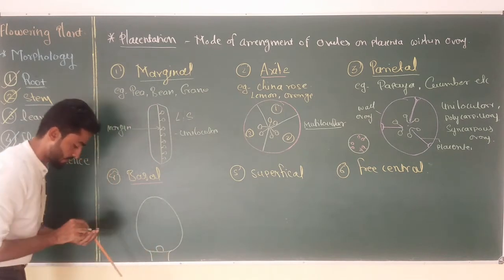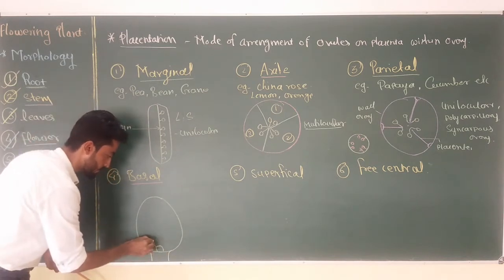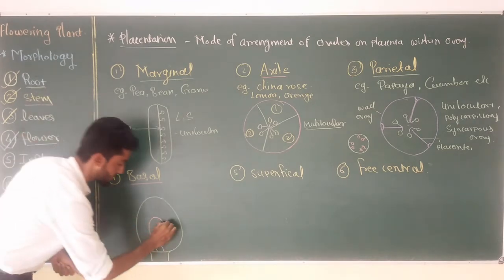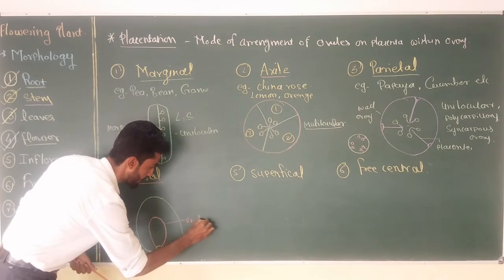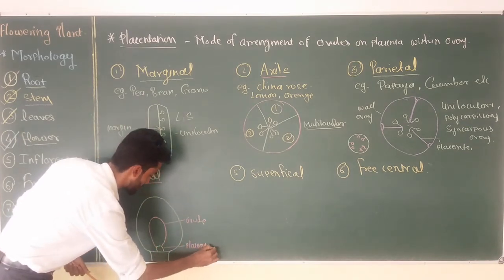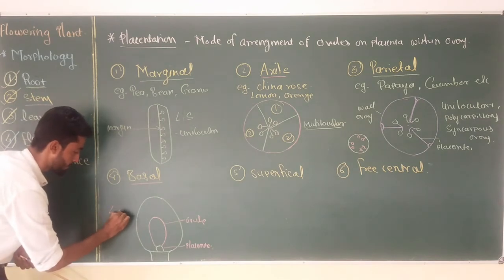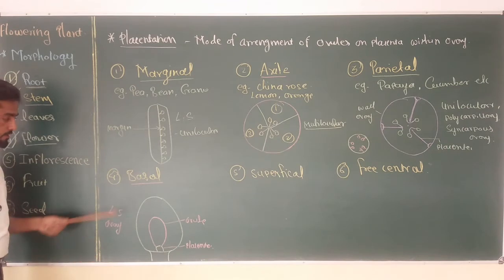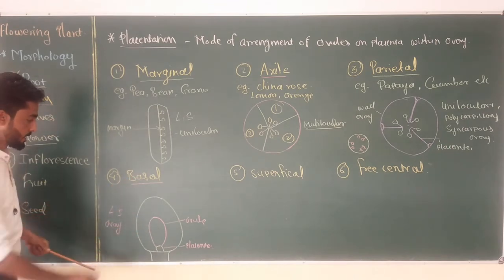This is the placenta to which a single ovule is attached. Suppose this is the ovule, placenta, and this is the LS, longitudinal section of the ovary. So it is called as basal placentation.